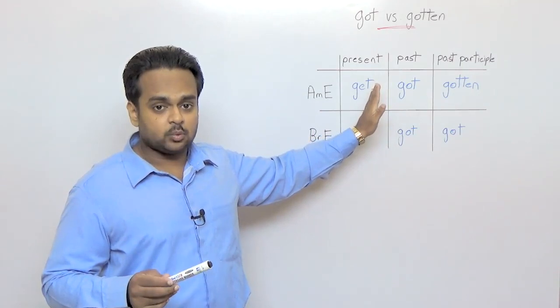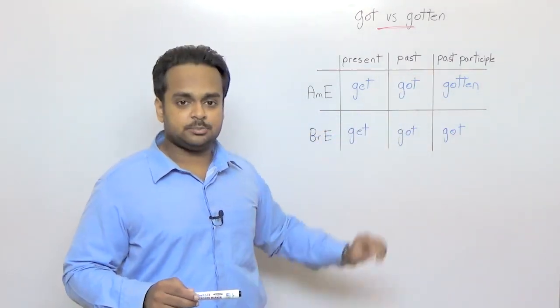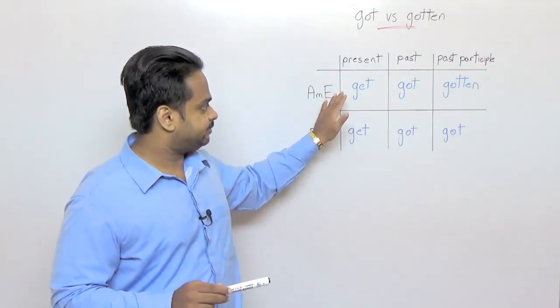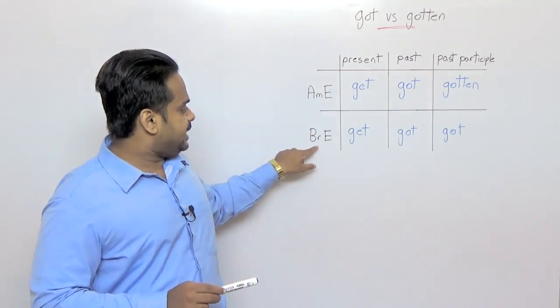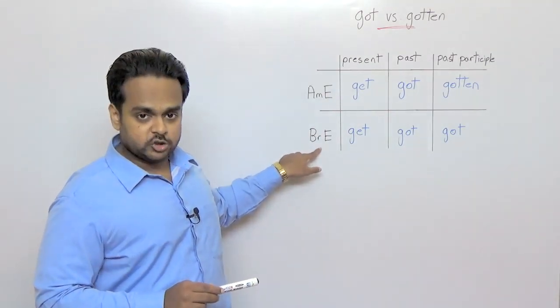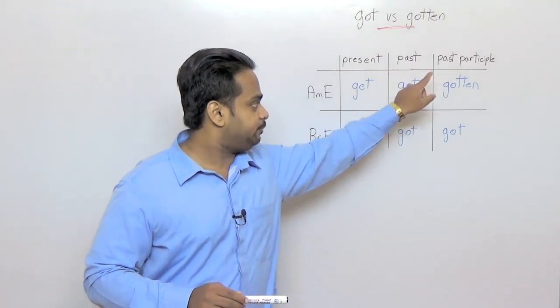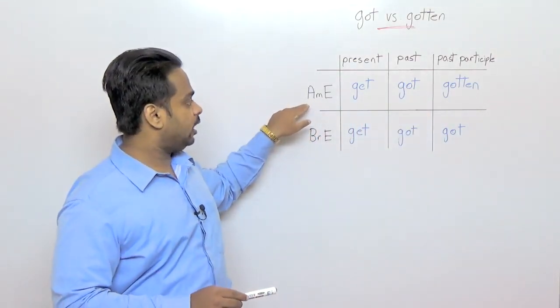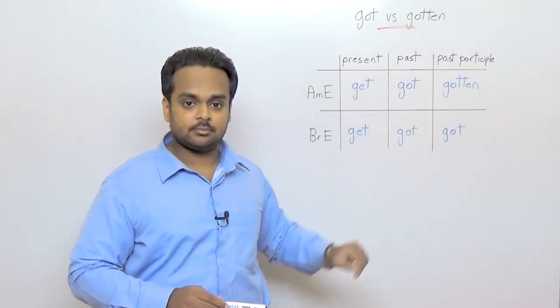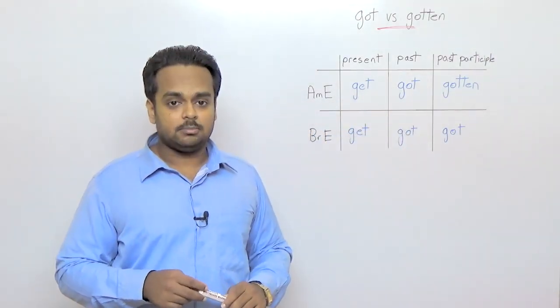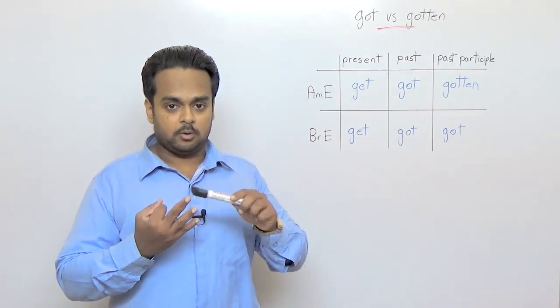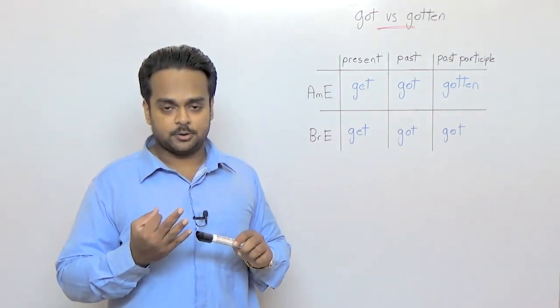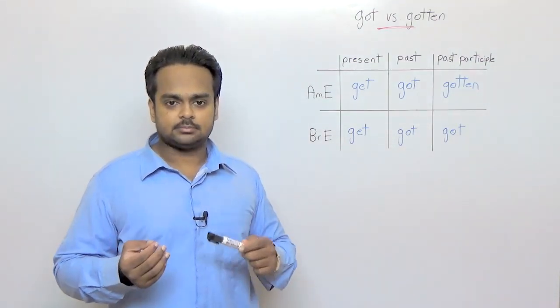The difference is when you look at the past participle form of the verb get. Here, BRE means British English, and in British English, the past participle of get is got, and the past participle in American English is gotten. Remember that every verb has three forms: present, past, past participle, like do, did, and done.